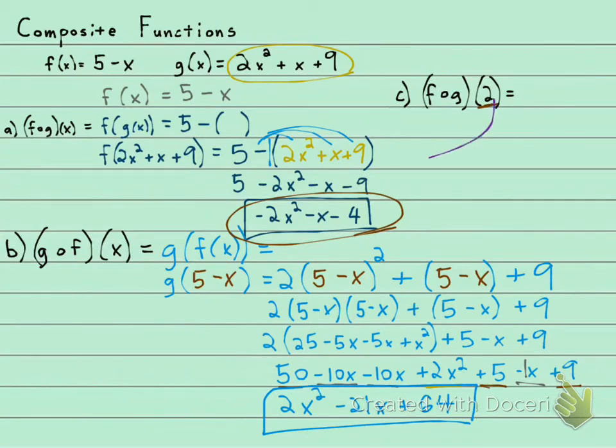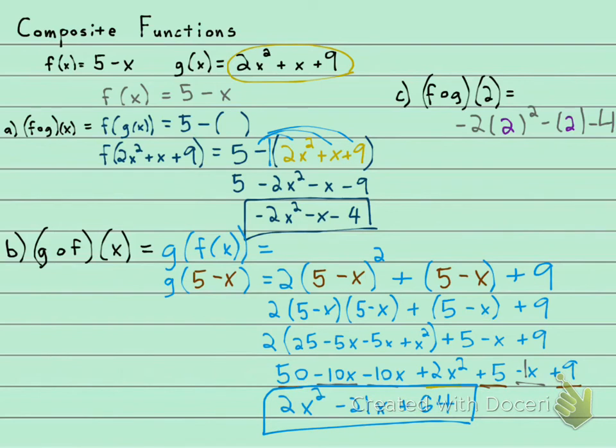All right, let's do it. The f of g of 2. I'm going to write down my f of g of x and leave some blanks: negative 2x squared minus x minus 4. Everywhere where I had an x, I'm now going to plug in a 2.